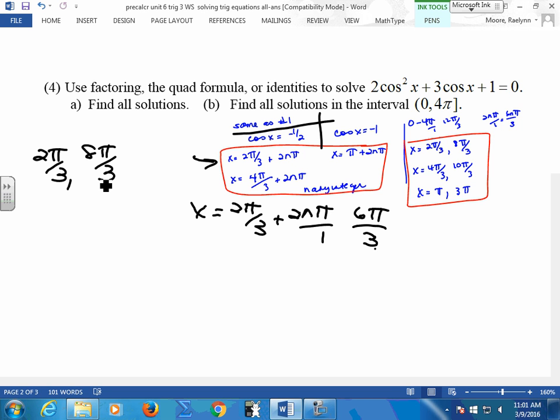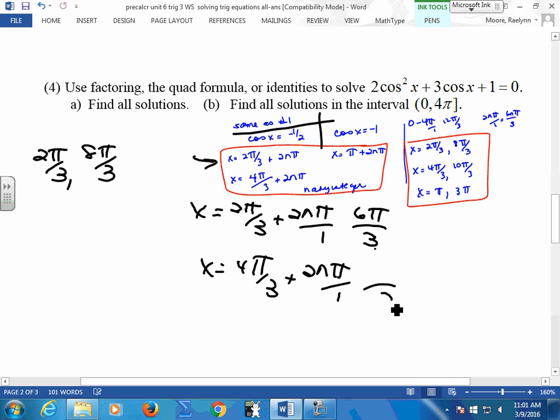So then I do the second one. And again, I convert this, and I add 6 to my numerator. I start with 4 pi over 3, add 6. 10 pi over 3. Okay. Now, I got to do the same thing for this part. I can't forget this part.